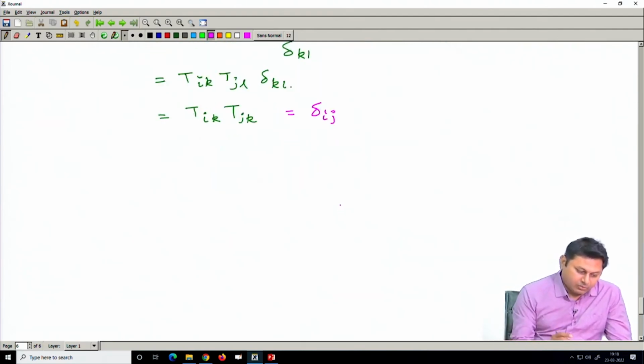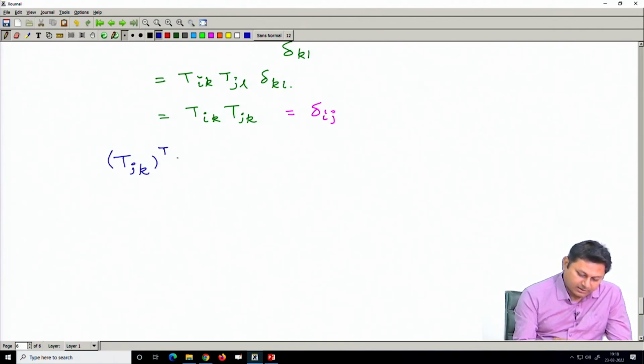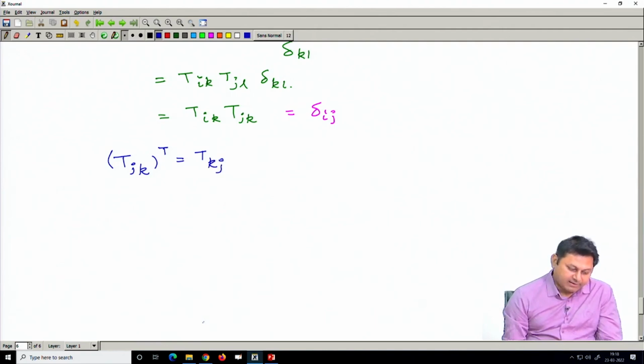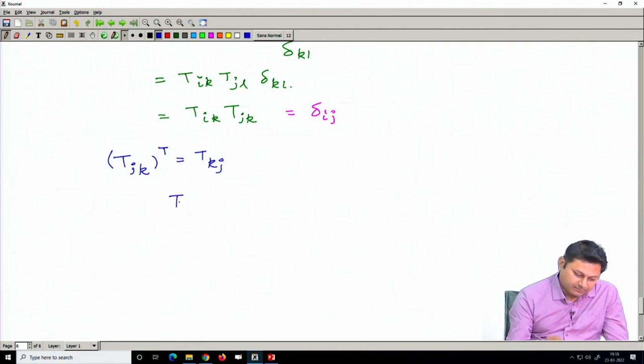Now, because these are matrix elements, I can manipulate them, and this manipulation is: T_jk, if I take the transpose of that, it becomes T_kj. So here I can write it this way, T_ik and, for T_jk, I write T_kj transposed. That will give you the value delta_ij.